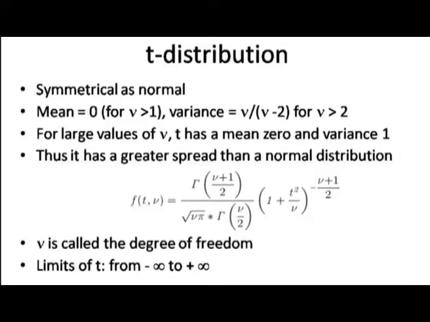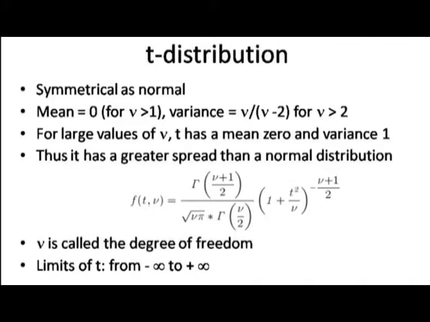For degrees of freedom nu, this f t nu is the probability that the random variable t takes a value t. Actually, since it is a continuous distribution, it will be more proper to write dt here and dt here.